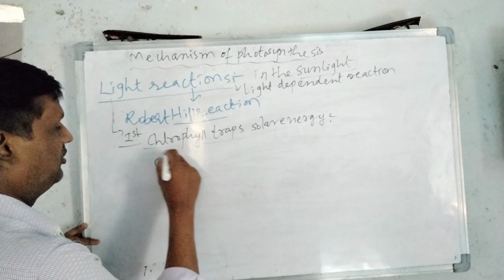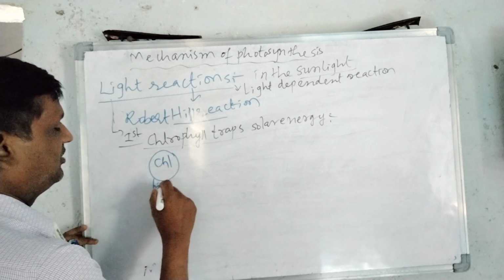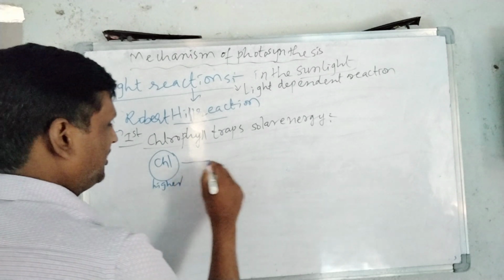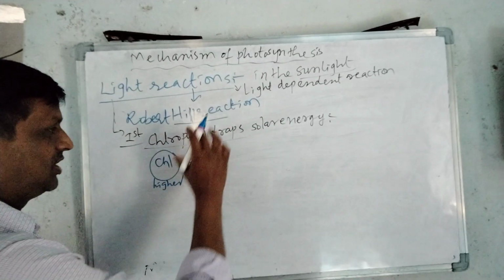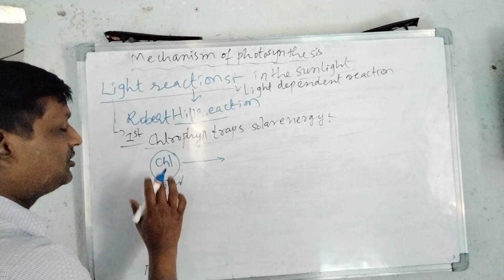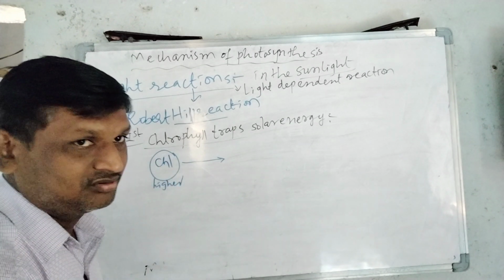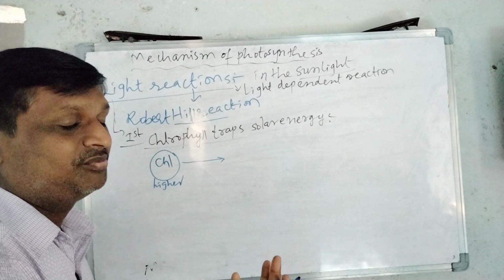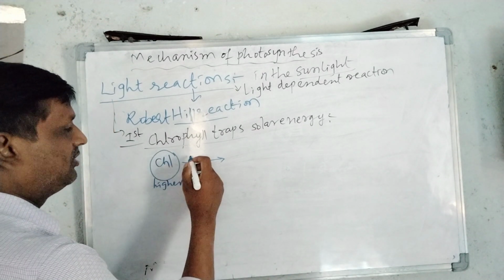Suppose here is one chlorophyll molecule. This chlorophyll is in a higher energy state. So to trap the solar energy into this chlorophyll molecule, it should lose some electrons. That means there must be some gap, so that it can lose some electrons.